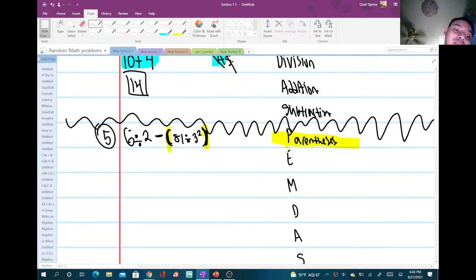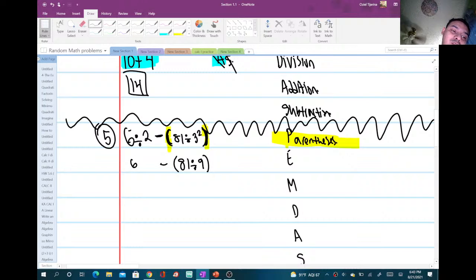If we look at this, 81 divided by 3 squared, it doesn't really matter how you say it, but this is really just 81 divided by 9.